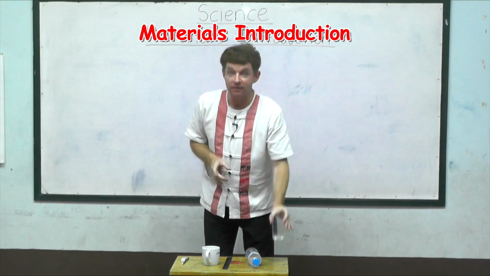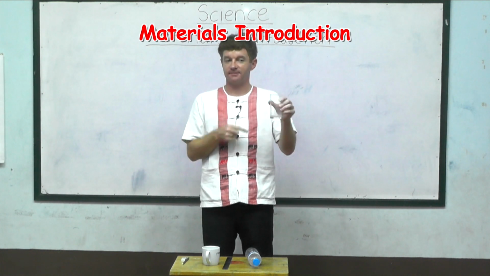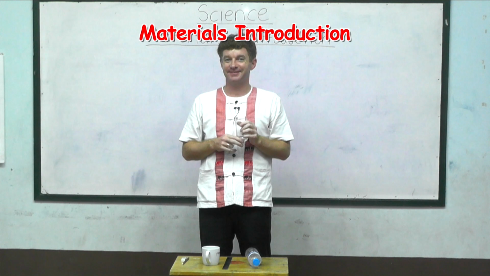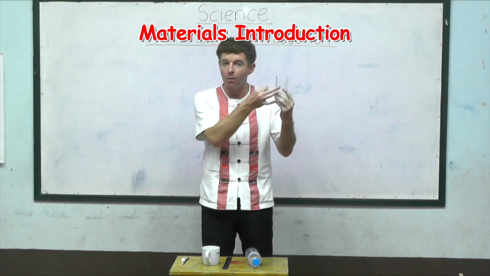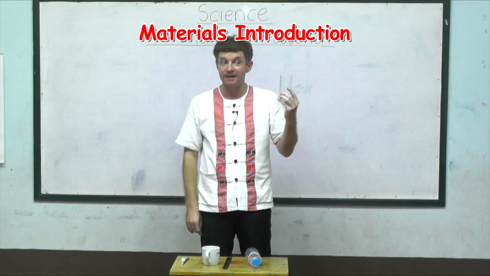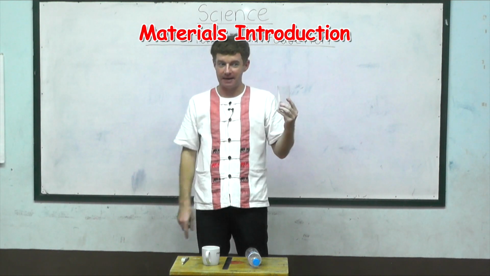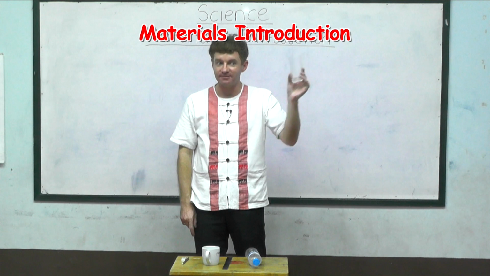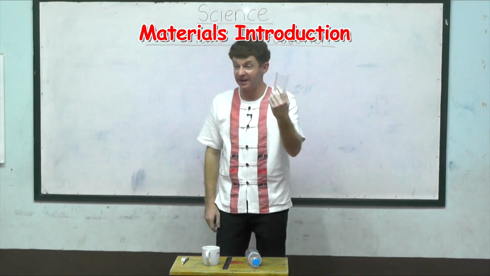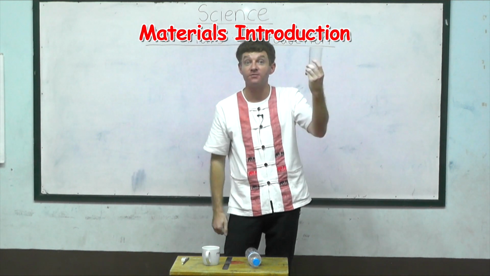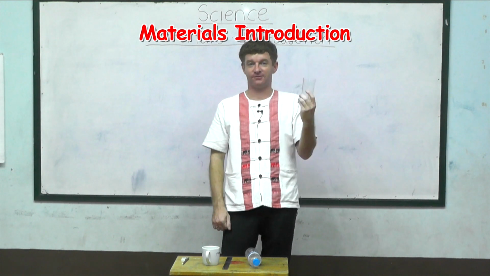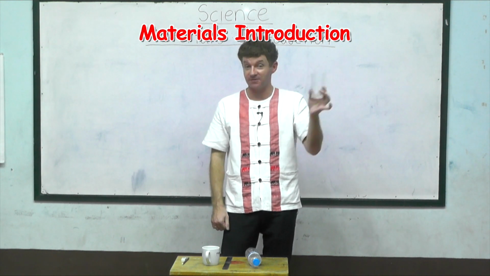So first of all, an easy one. What is this? Glass. Yes. And does anybody know the material that it's made from? No. It's the same name. Glass. It's called a glass because it's made of glass. Glass is the material.